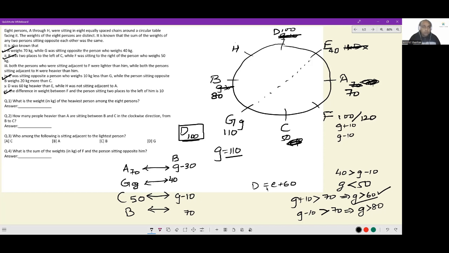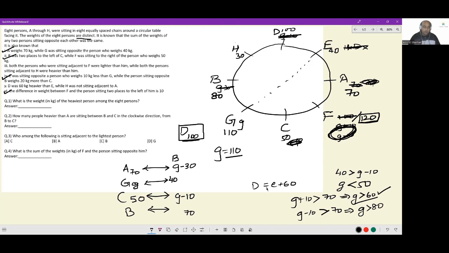Now we know everybody was supposed to have different weights. So F's weight cannot be 100 because D and F would have identical weight. So we have F's weight as 120. And if F's weight is 120, H's weight would be 30 because the summation of weights of people on the opposite side turns out to be 150 in each case. So now we finally have all 8 people seated, all 8 weights known.